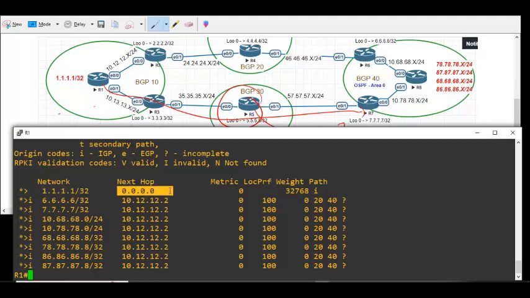Bala cannot answer this because you were not in the previous configuration session. So, sir, only you have to tell me the answer. Why is 1.1.1.1 not there in the routing table of router 8?